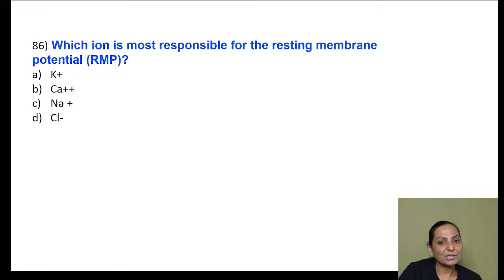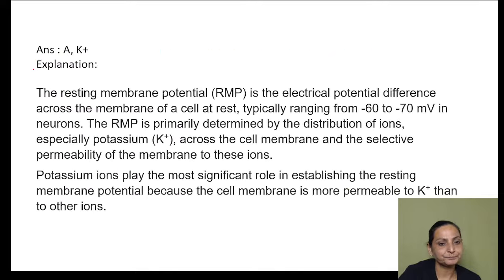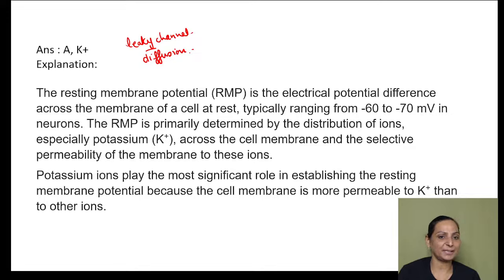Now, which ion is responsible for the resting membrane potential? Obviously, without doubt, it is going to be potassium. What is the reason for this? There are leaky channels. Leaky channels increase the diffusion of ions across the membrane.